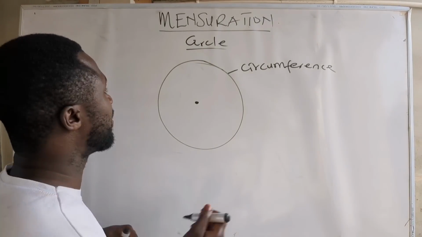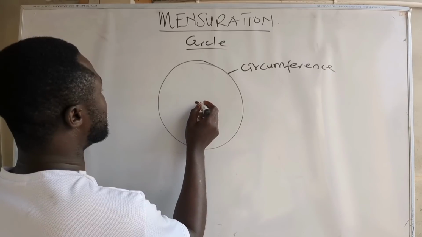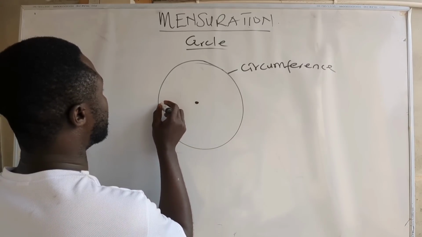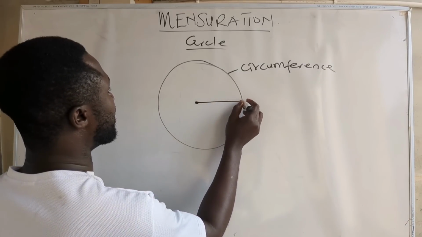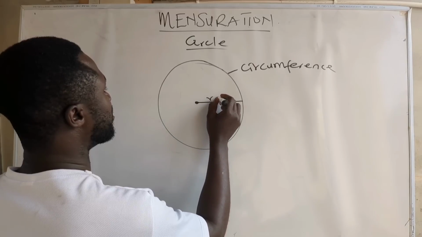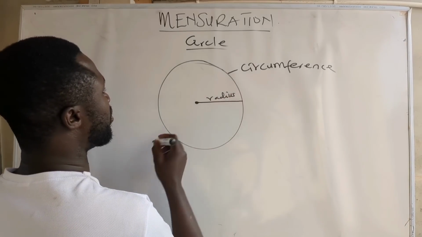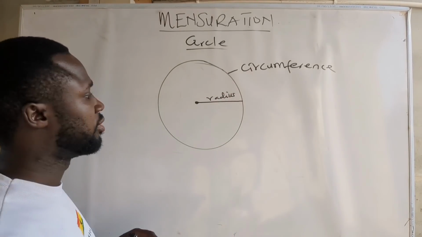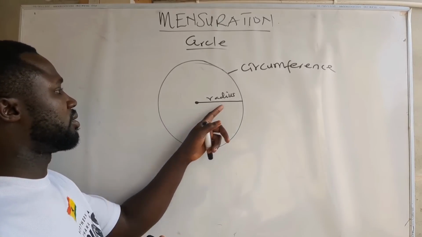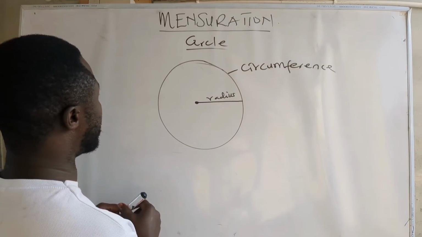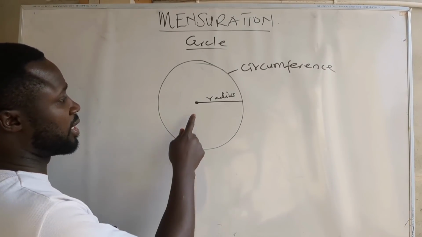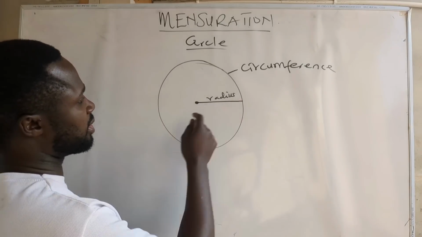With the center, the distance from the center to the circumference is called the radius. From the center to the circumference is called the radius. So the straight line from the center to the circumference is the radius.